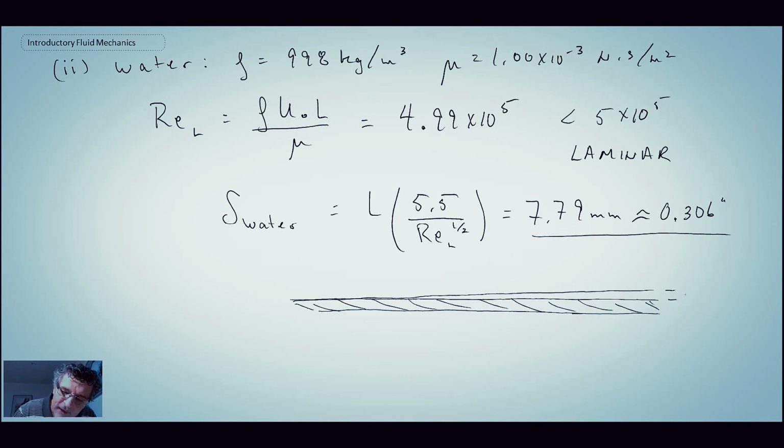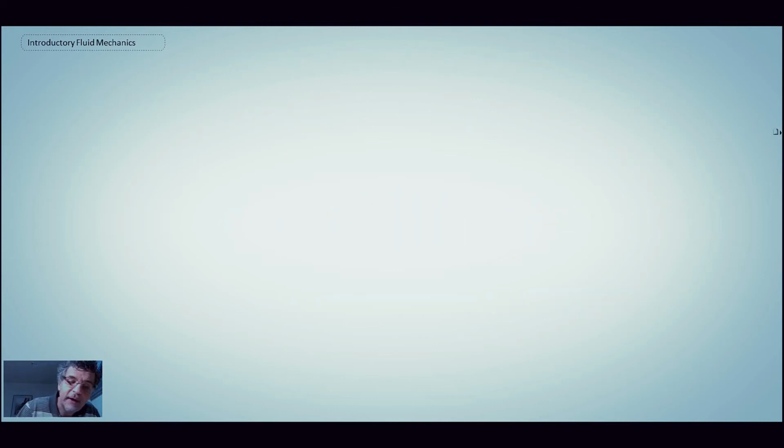The implication of this is that there's a very slow growth rate of the boundary layer, and that knowledge was actually used by Prandtl and Blasius when they derived the boundary layer equations, which we will be looking at in this lecture. So let me just make a comment about that.